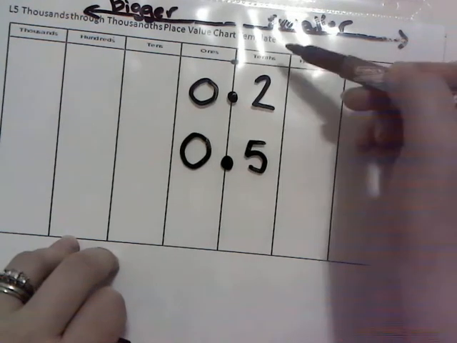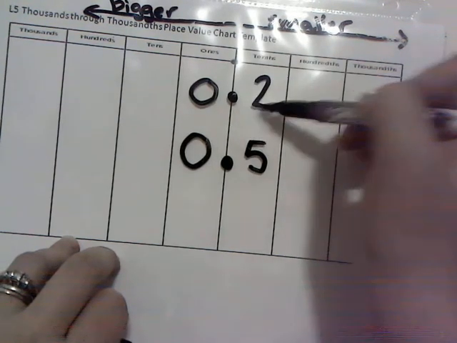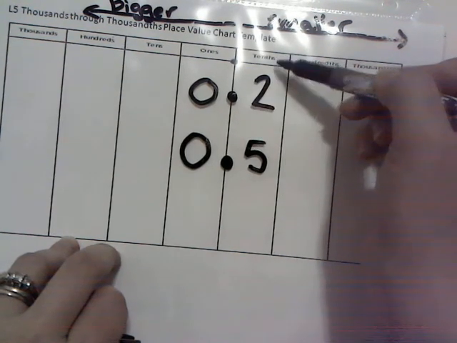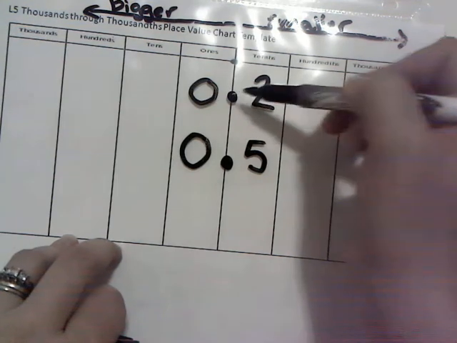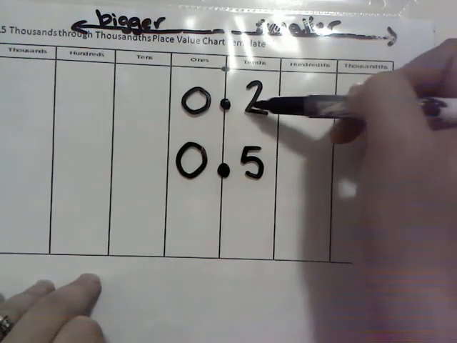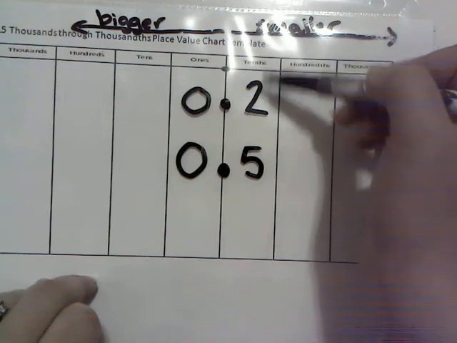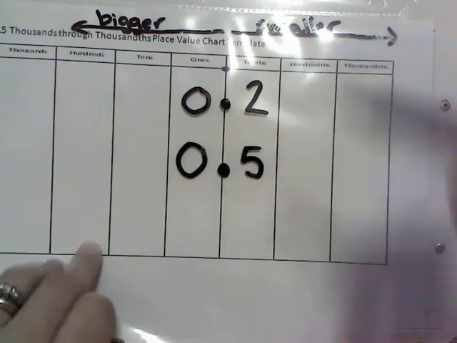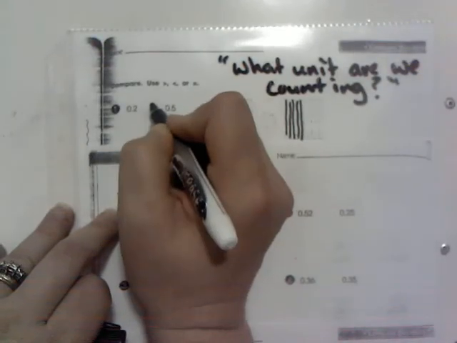Remember with our place value chart, 2/10. That digit right after the decimal place is tenths. So we would not say 0.2. The mathematician way is to say 2 tenths is less than 5/10. So we would show that using that symbol.